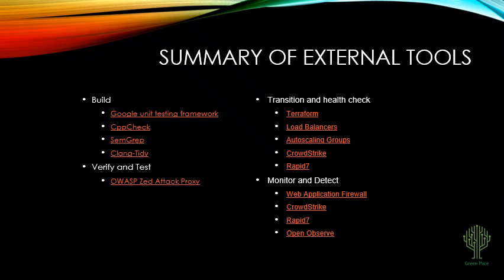The monitor and detect phase will include the use of a web application firewall that will automatically detect and block suspicious activity. An open observe system will be used to collect and aggregate all logs and metrics. CrowdStrike and Rapid7 tools will report findings directly to the security team. Additional tools may be introduced in these and other phases in future iterations of this policy.